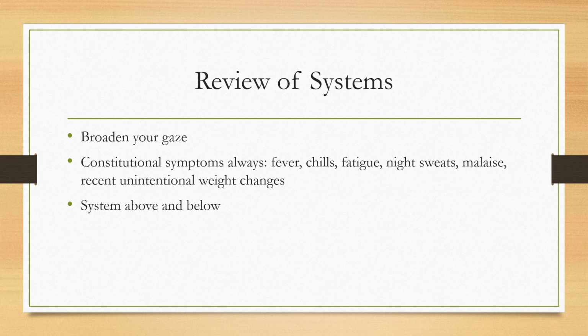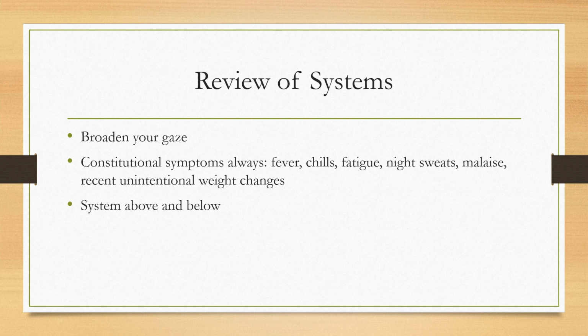And this review of systems, the goal is to help broaden your gaze. It can be really easy to zero in on a certain system, such as, let's talk a little bit about chronic cough. It could be really easy, with patients with chronic cough, to just talk about their lungs, do they have a history of asthma, are they a smoker, that kind of thing.